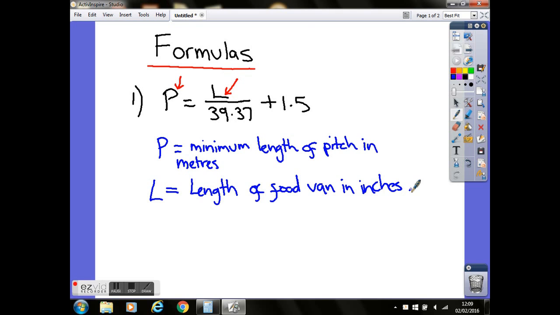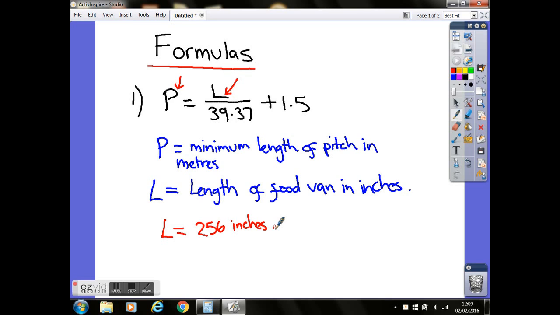In this particular instance, it would have been worked out previously, and I'm just going to say I already know that to be, I'll change that to red, L equals 256 inches. Say I've taken that from a previous part. So we've got all the numbers we need now, because we know L is 256, that's over 39.37, plus 1.5.